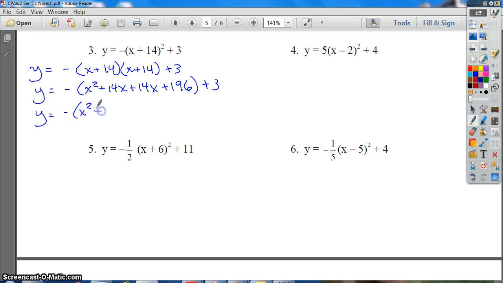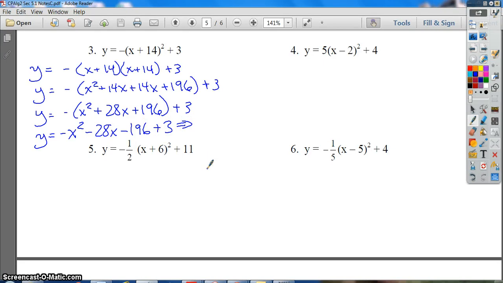Right now I'm doing parentheses. So 28x plus 196. And now I'm going to distribute that negative in. So this is negative x squared minus 28x minus 196 plus 3. Your final solution here is y equals negative x squared minus 28x minus 193. That's your final one.